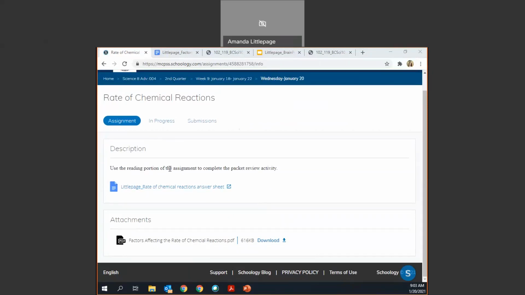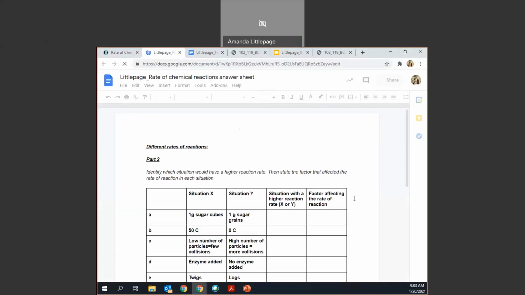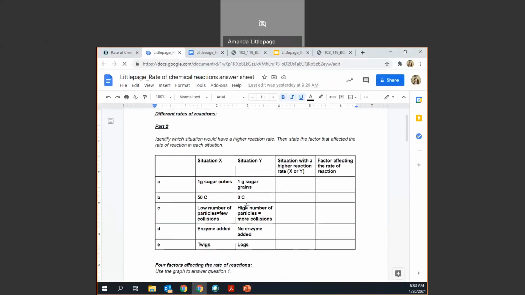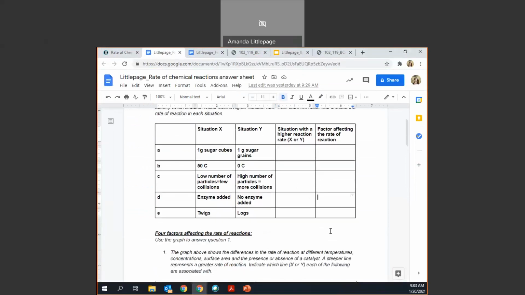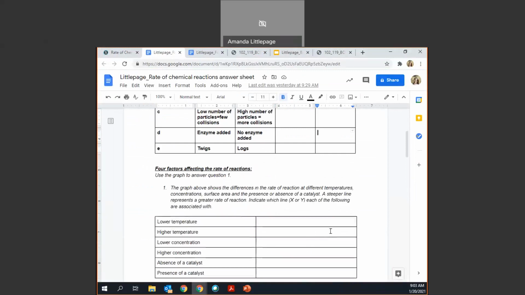So again, here's the PDF, but this is where you're going to type your responses. When you open it up, this is how it's going to look. This corresponds to the sheet, okay? You have the instructions, and this is where you are going to type your responses. So there's this section here, and you're going to scroll down.